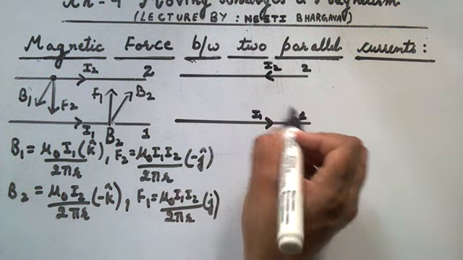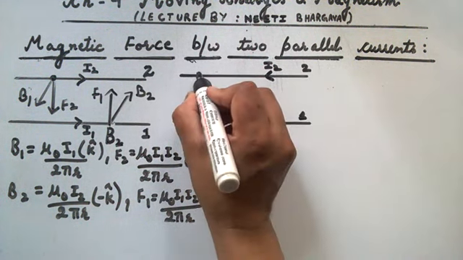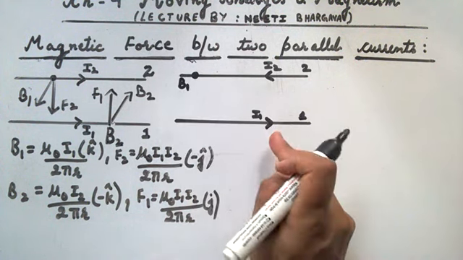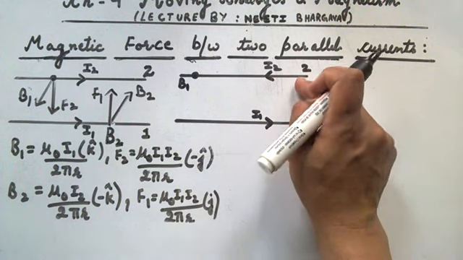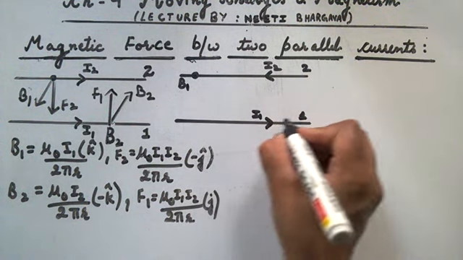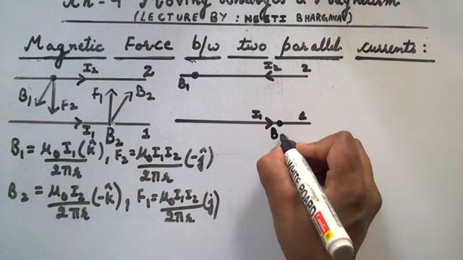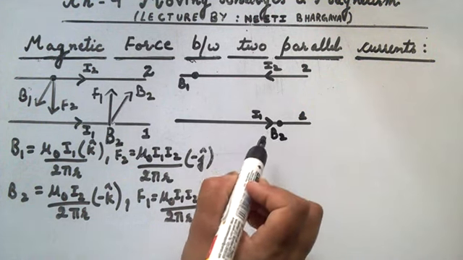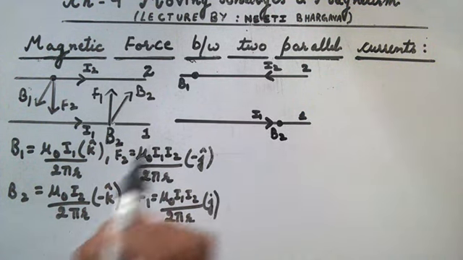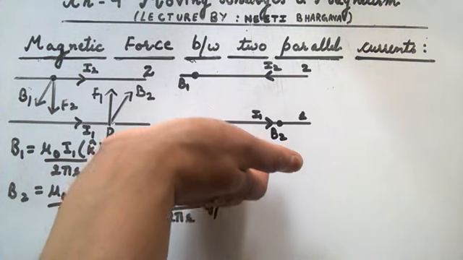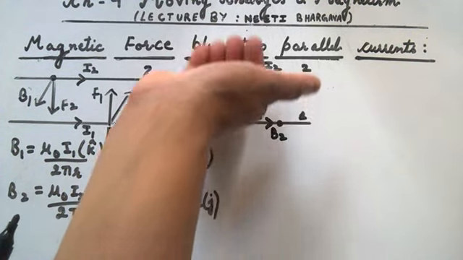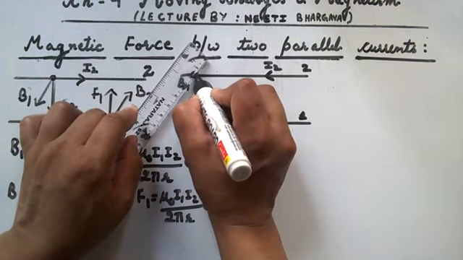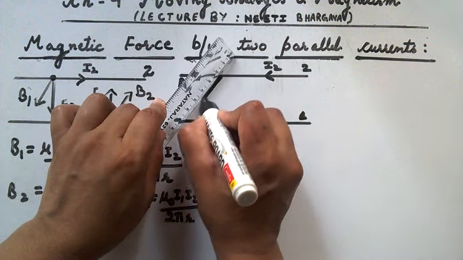Due to wire 1, magnetic field on wire 2 is B1, and on wire 1, magnetic field due to wire 2 is B2. And we can find the direction of magnetic field by right hand thumb rule. Due to wire 1, the direction on wire 2 is coming out of the plane of the paper, that is perpendicular outward and parallel to positive z-axis.